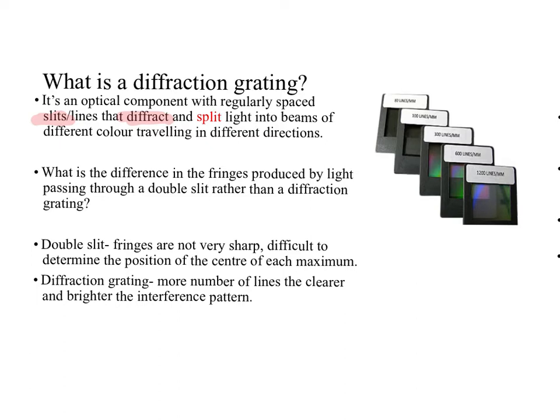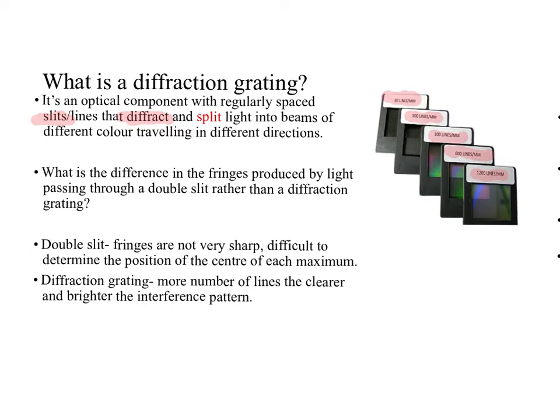Now, what you see in the picture are different diffraction gratings, and there's something that's popping up a lot on them. So this states how many lines or slits are in each millimeter, so per millimeter.